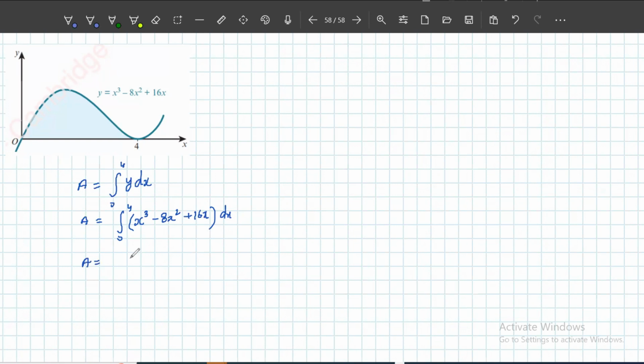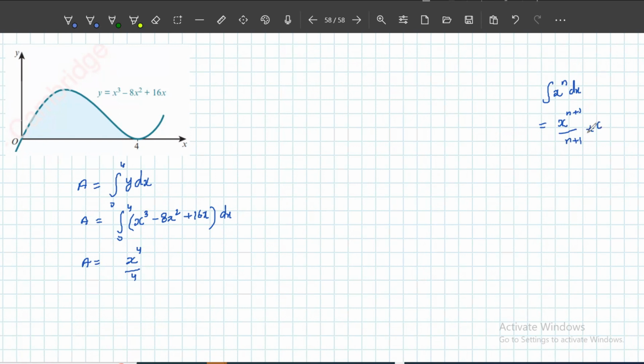For the integration, we will add 1 to the power and divide by the same, the basic rule I'm applying. If we have the integral of x power n dx, this is basically x power n plus 1 over n plus 1, plus the constant of integration.